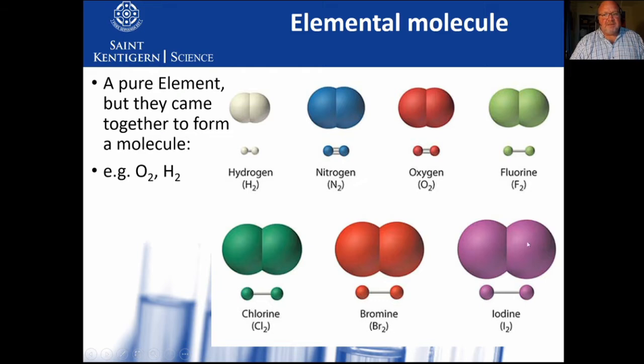Can you see that they are the same? So they are an elemental molecule, pure element, but they have formed a molecule. If this was gold, we would have a gold molecule and a gold molecule.